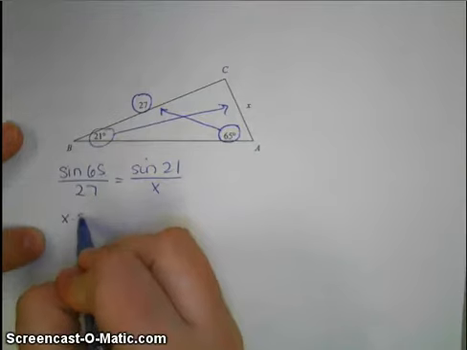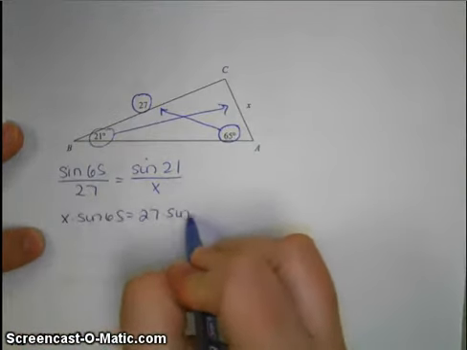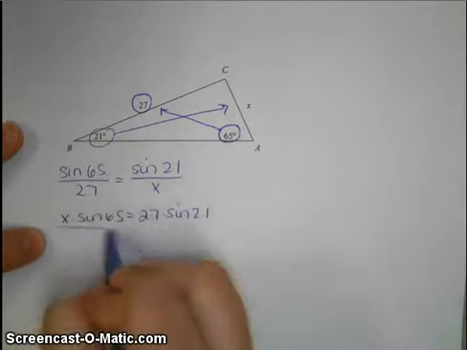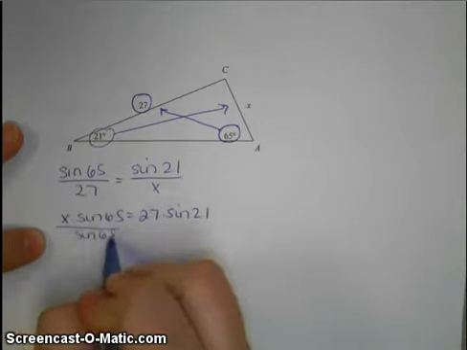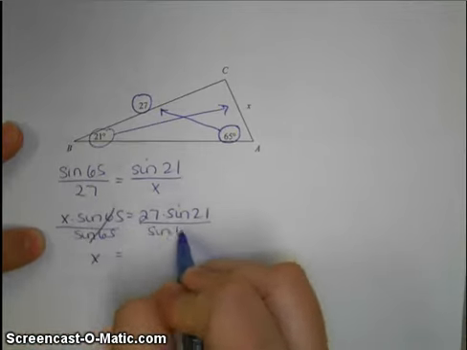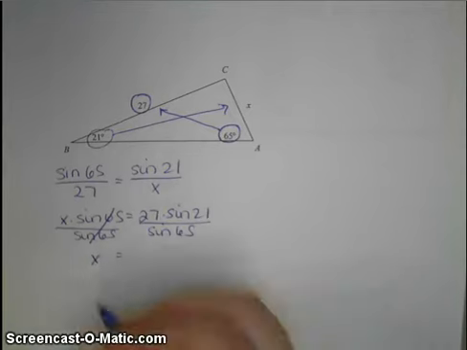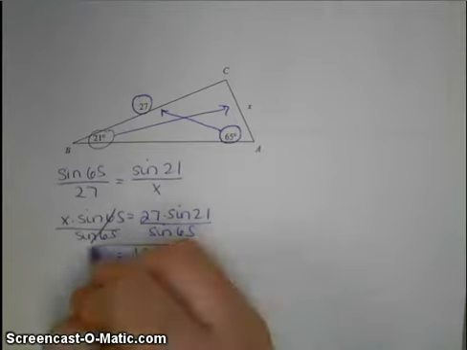So x times the sine of 65 is equal to 27 times the sine of 21. I'm going to divide by sine of 65, so that cancels. All I have to do is plug this into my calculator: 27 times the sine of 21 divided by the sine of 65. And to the nearest tenth, I would call this 10.7.